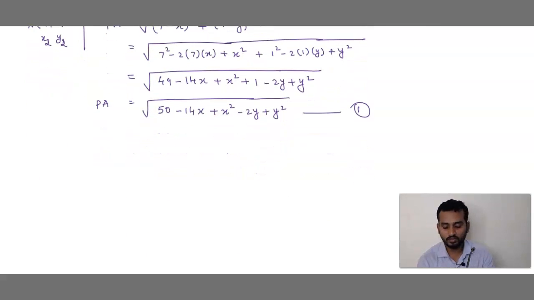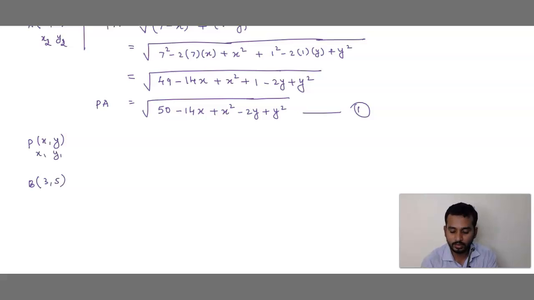Now we find the distance between P and B. What are the coordinates of P? x comma y. What are the coordinates of B? 3 comma 5. It means this is x1 and this is y1; this is x2 and this is y2.